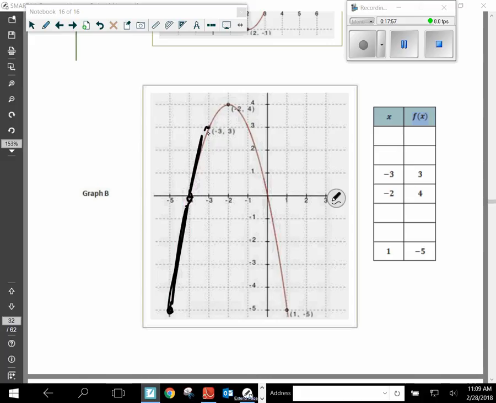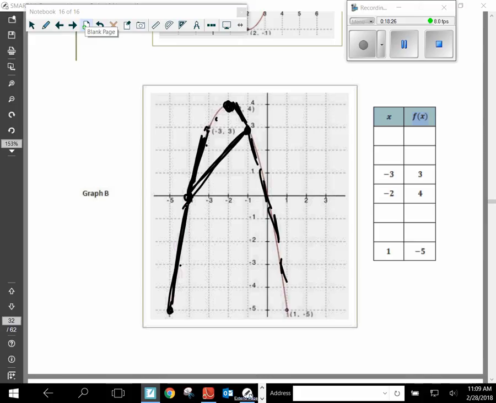And then from -4 to -1, it's even less steep compared to this one. So as you continue along here, it gets less steep. And then once you hit the turning point, the vertex, it starts getting steeper again, but in a negative direction.